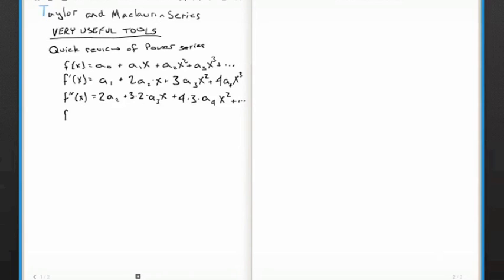The third derivative, and I'm doing this, some of you may see the pattern, some of you maybe not, so I'm going to do it anyway.